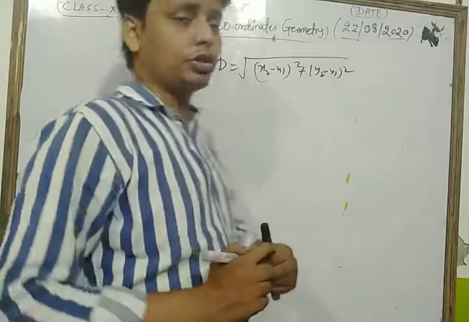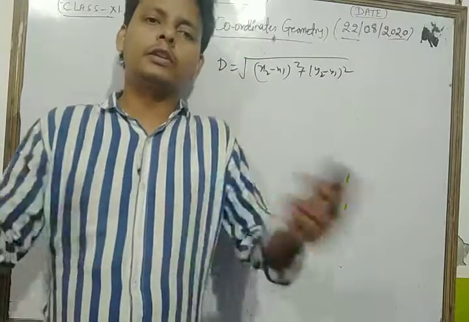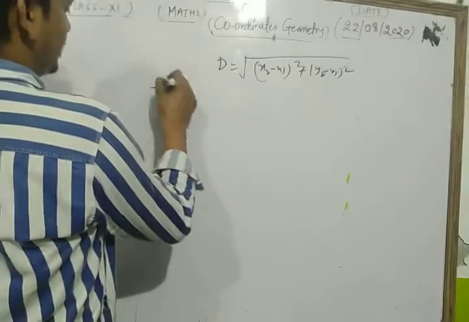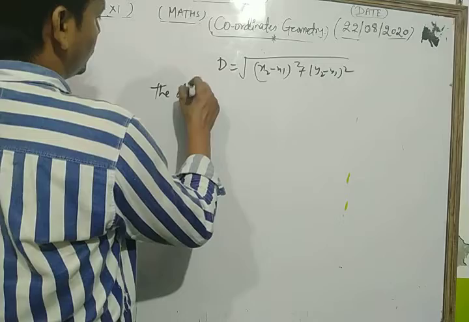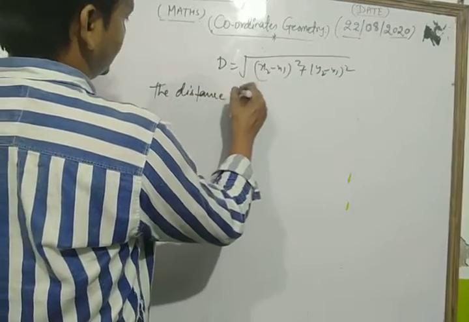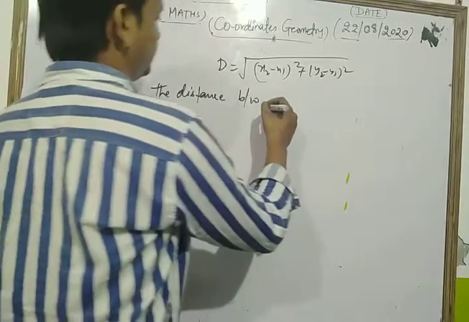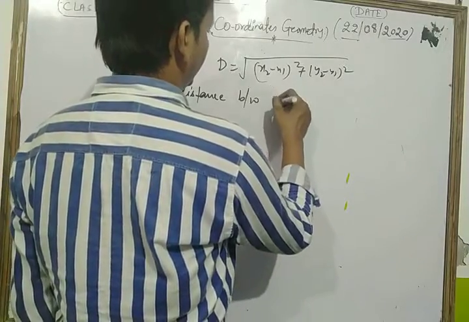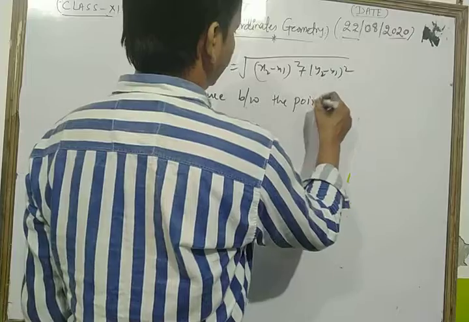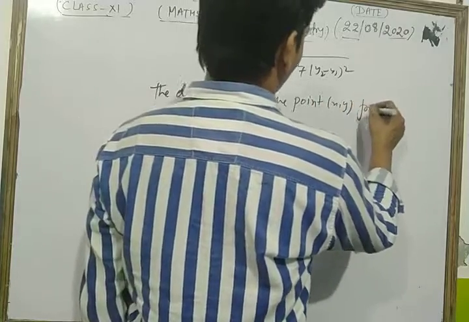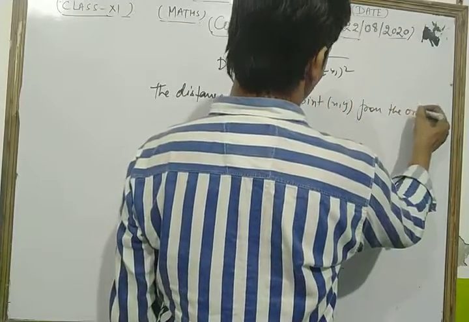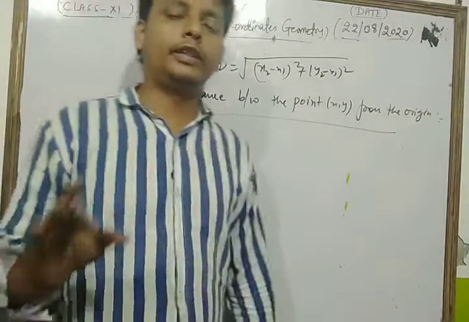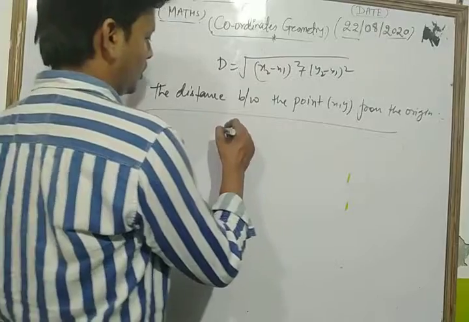Now if your question asks to find the distance of a given point from the origin, let's see, dear student, the distance between the point x y and the origin.